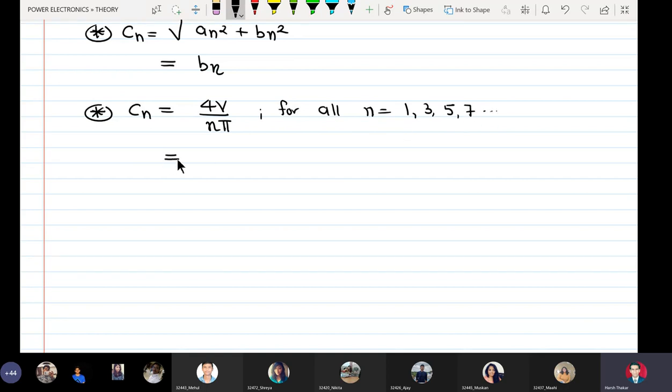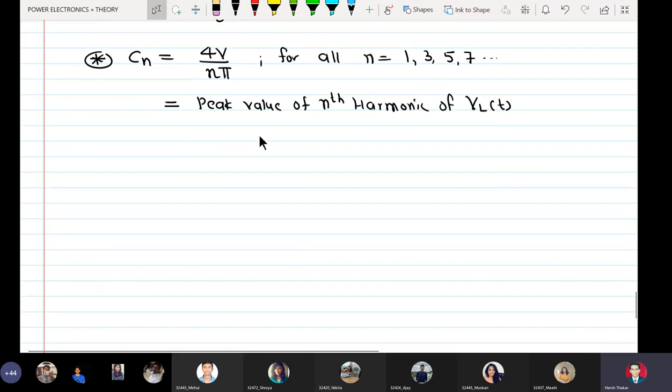And students, it is nothing but the peak value of nth harmonic of load voltage. That means I can say that load voltage VLn peak is equal to 4V upon n pi.